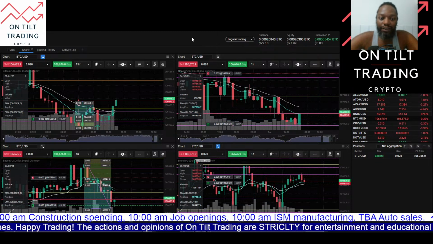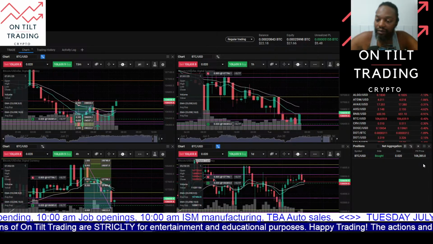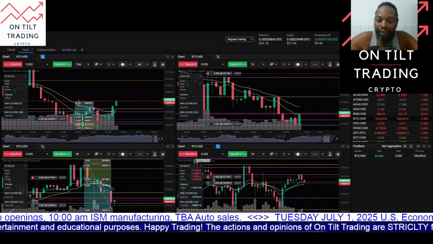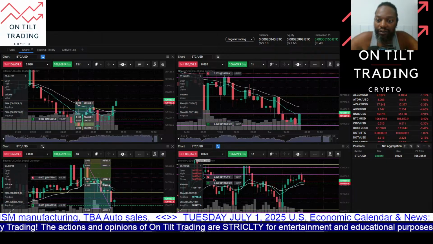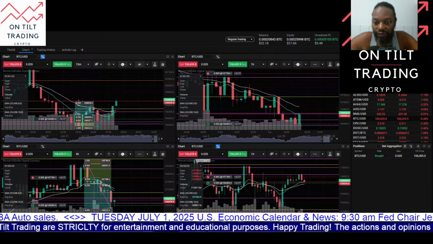Some consolidation here. You can see here on the 60-minute that price is here at a level. This is a swing level here on the 4-hour, either a swing high or a swing low.